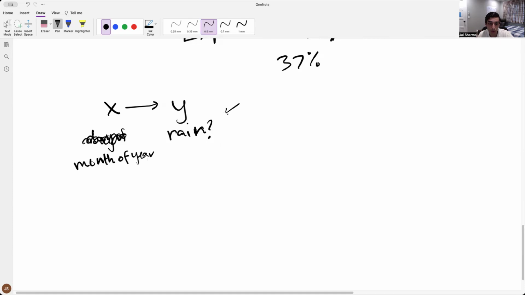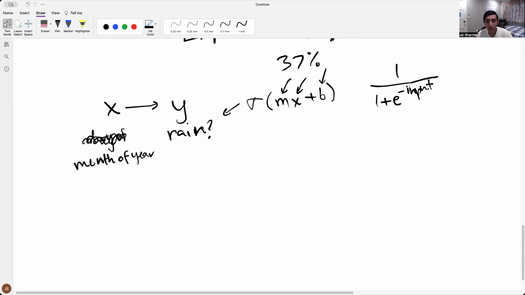Just to remind you, we would be doing a sigmoid of mx plus b, where m and b are given to us, they're constants, and this is our variable input. Whatever the input is, the month of the year, we feed that in, multiply by m, add b, and apply the sigmoid function, which is a fixed function: 1 over 1 plus e to the negative of whatever the input is.